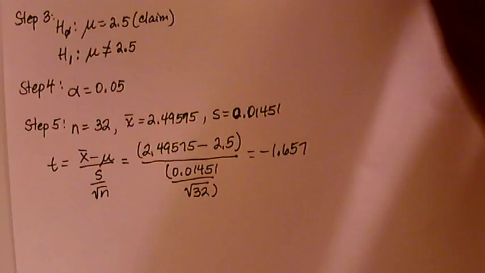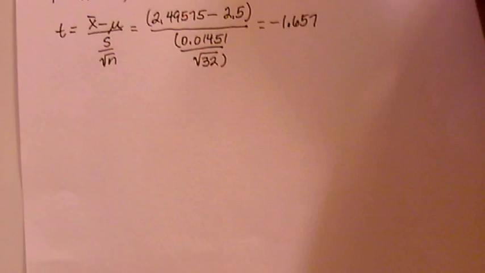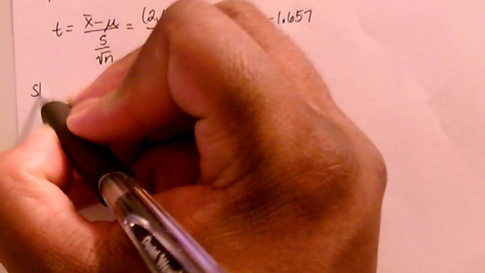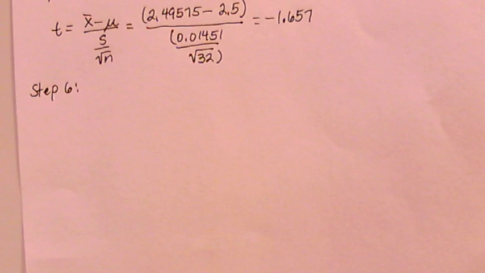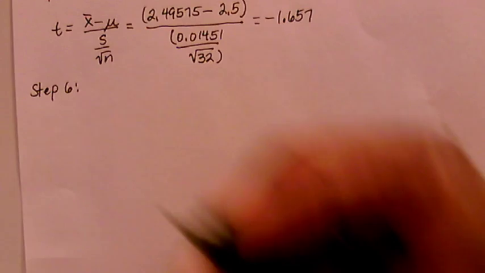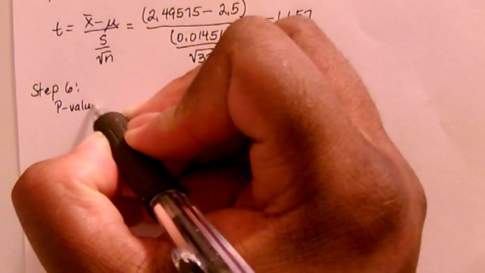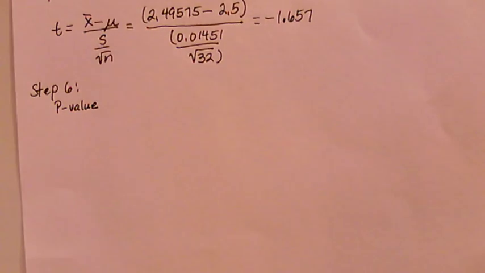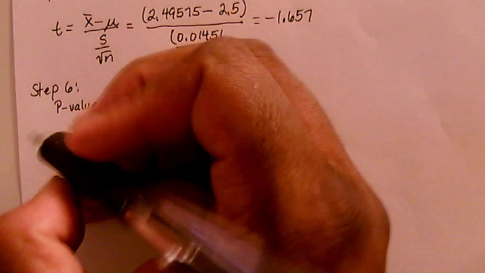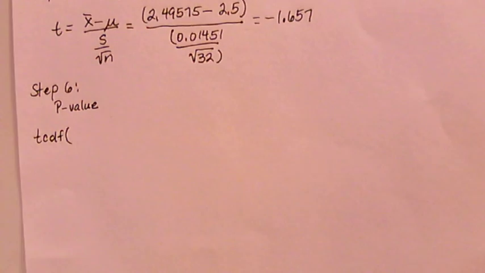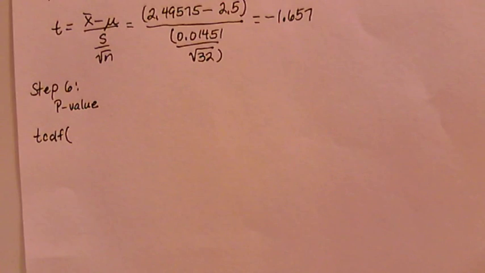Okay, now, step number 6, you have to do both the p-value approach and the critical value approach, because they ask for the test statistic, the p-value and the critical value. For the p-value, it would be much easier to use your TI-83 or 84 Plus calculator and use that tcdf command.